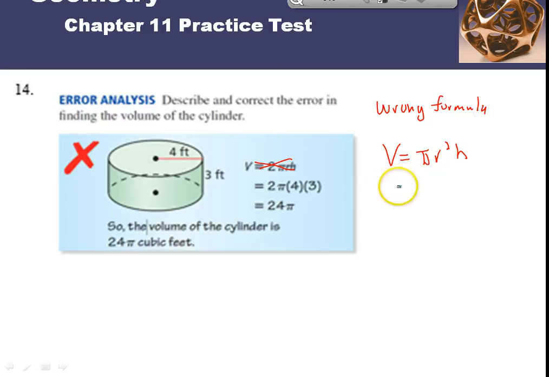So the volume should be pi. Well, my radius is right, that's 4, and my height is 3. So it looks like it's 12 pi feet cubed instead of 24.